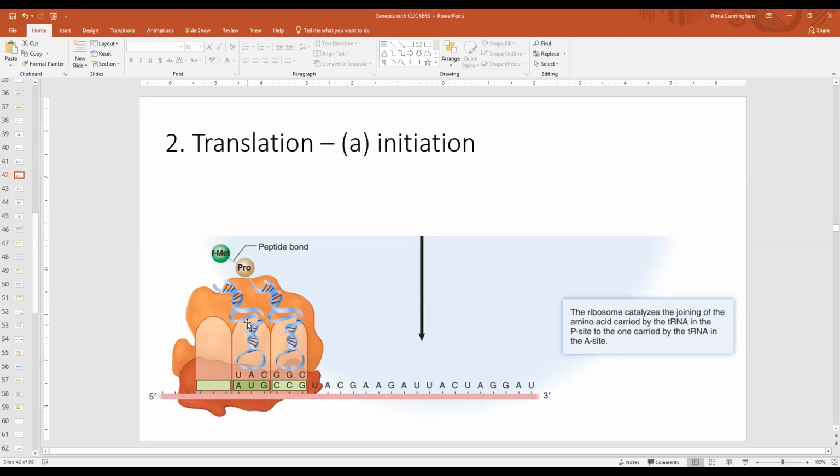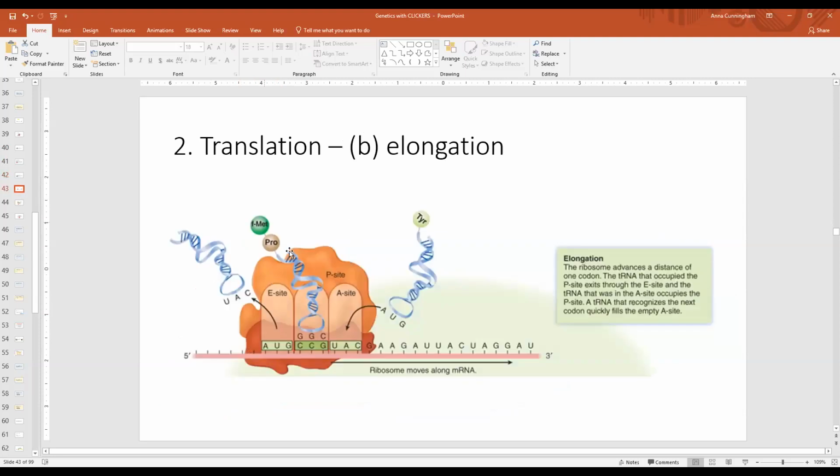What we need to do is get this empty tRNA out of there and move this second tRNA over into the P site so that we can have another amino acid brought in. And that is elongation. So you can see what starts to happen is we have that second tRNA that moved over into the P site.